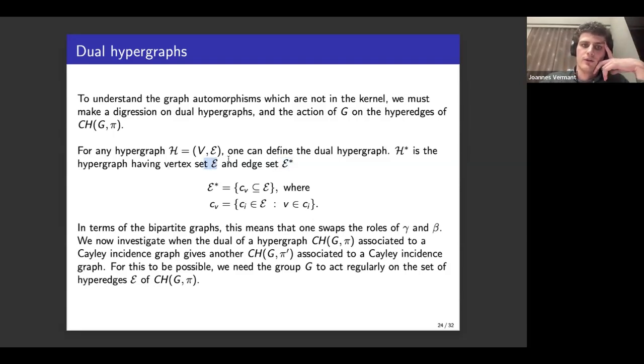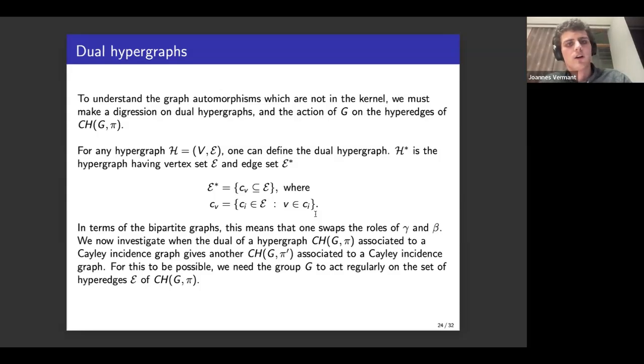So the vertices of H star are the edges of our original hypergraph, and the edges are given by collections of hyperedges, so collections of elements of E, and they are precisely the collections of elements of E such that V is contained in Ci. And really, it's much easier to think of this as swapping the roles of gamma and beta in this bipartite graph, and then constructing this hypergraph.